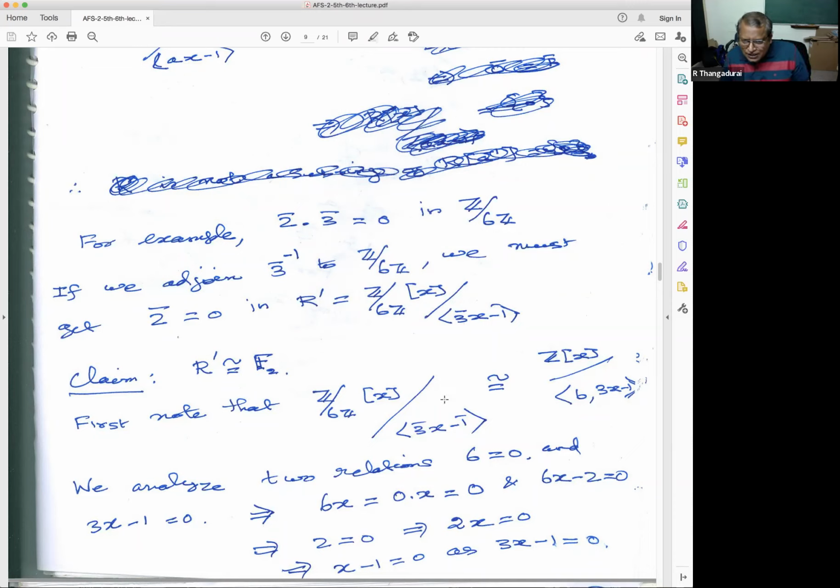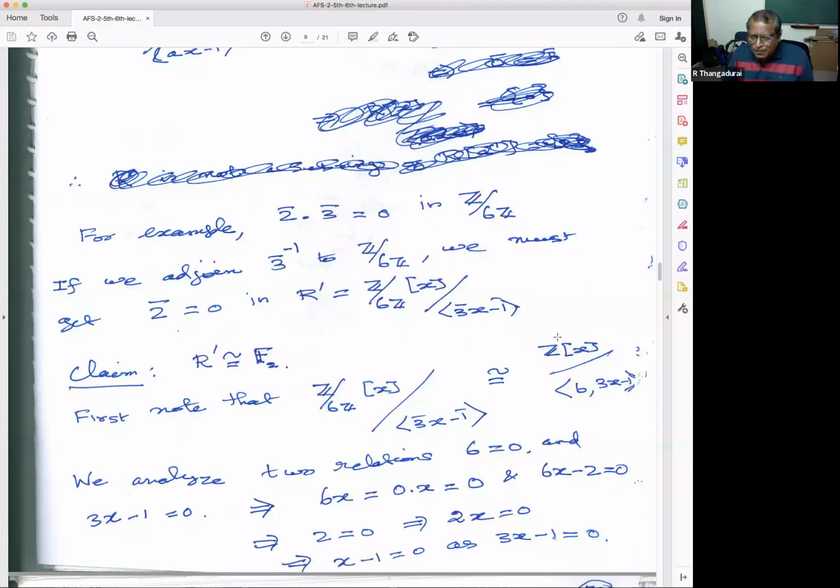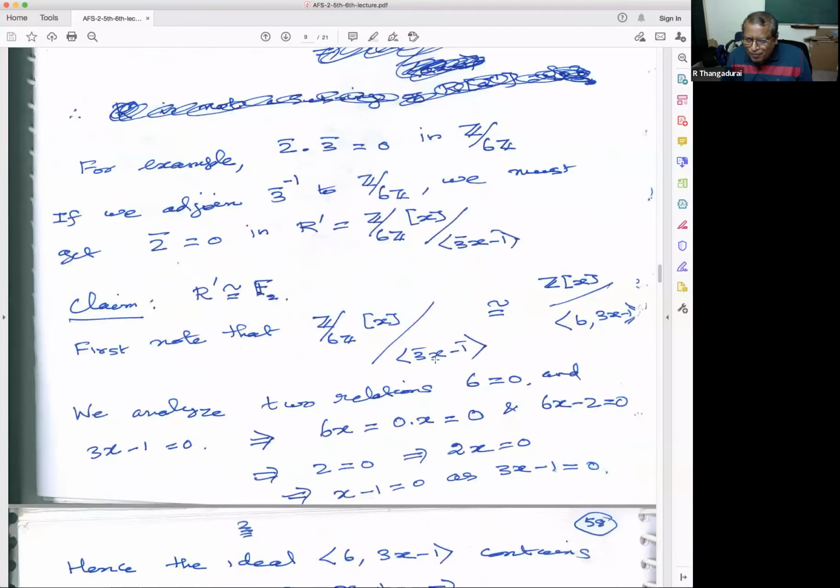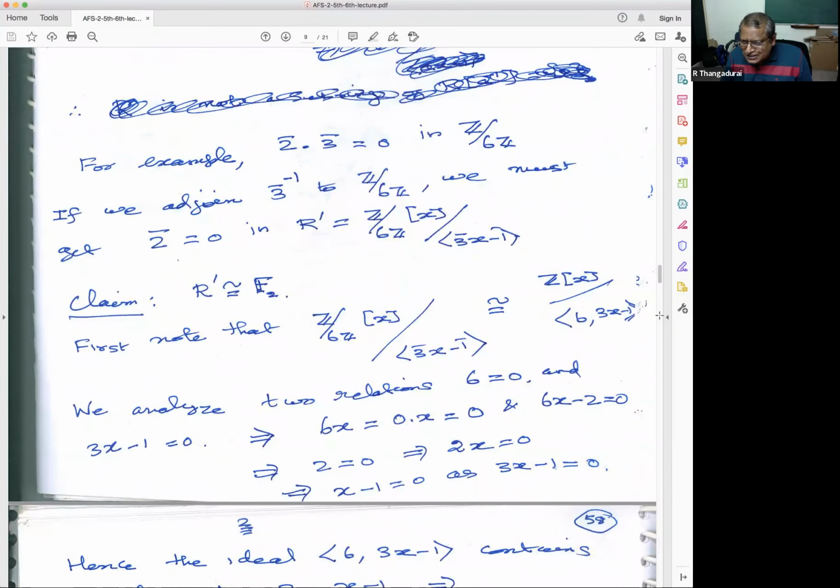Therefore this quotient ring R prime is isomorphic to Z[x] modulo the ideal generated by 6 comma 3x minus 1. This we have seen already: R modulo I is isomorphic to R bar modulo I bar. Since this ideal contains 6, by the correspondence theorem, the third isomorphism theorem, this will follow.